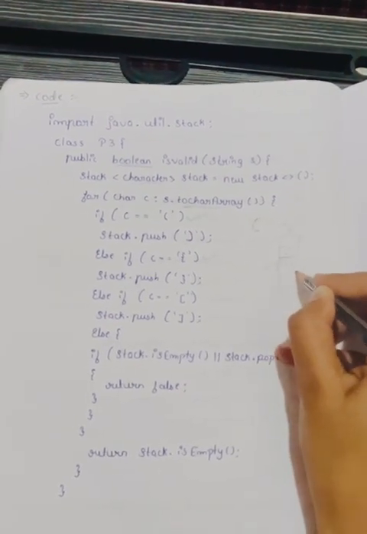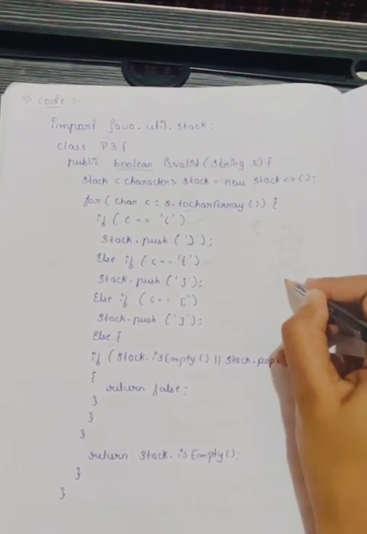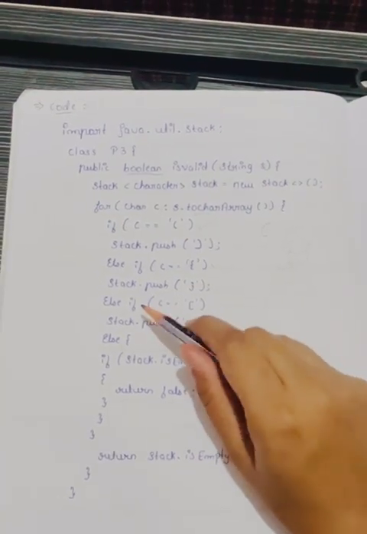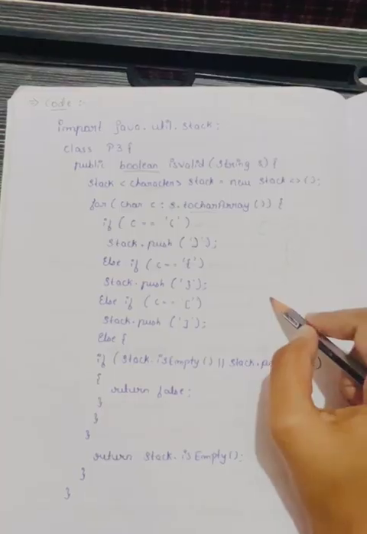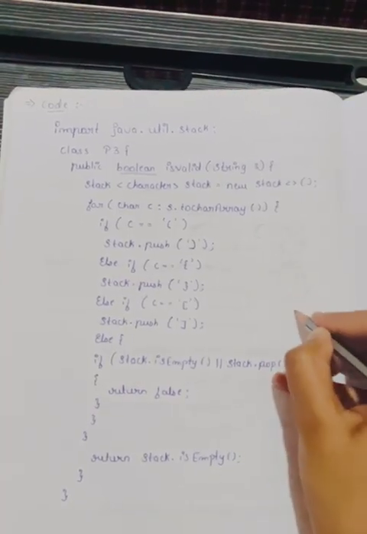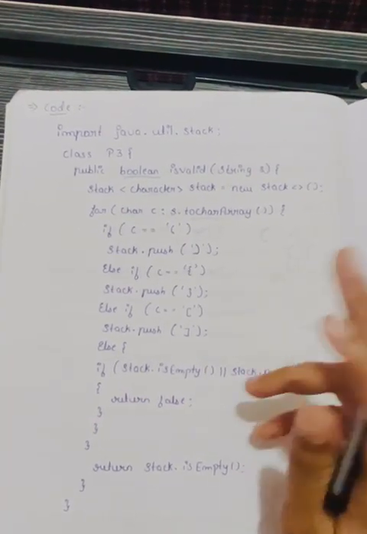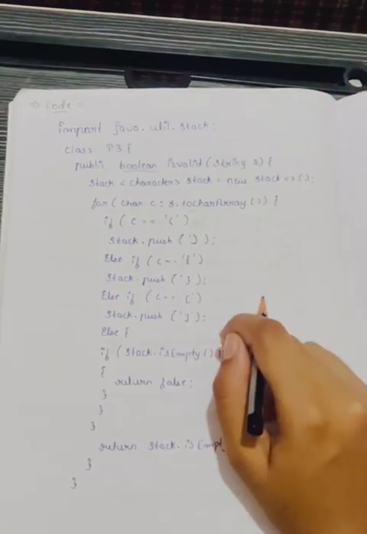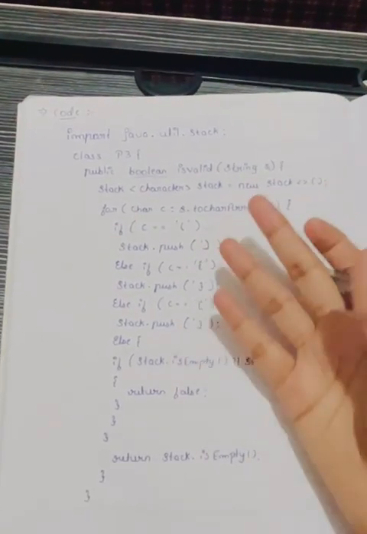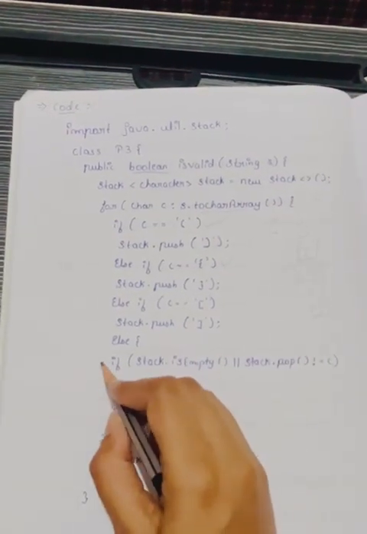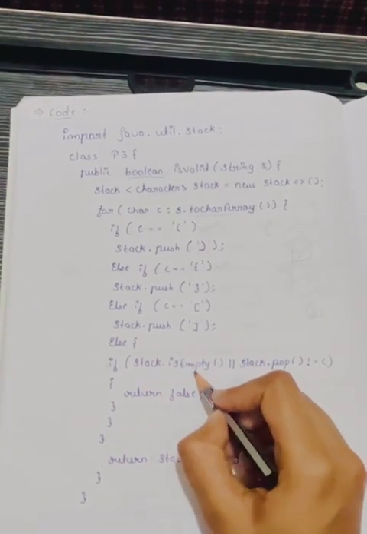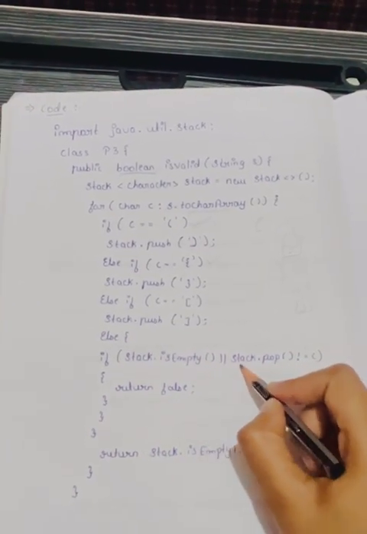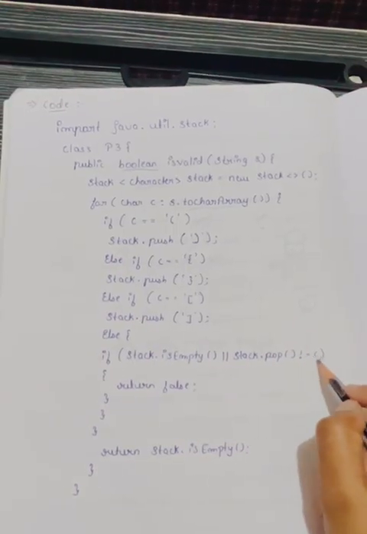Likewise, if c is equal to square bracket, then again I'll push the corresponding closing square bracket into the stack. Else, if these three do not match, then I'll check this condition: if stack.isEmpty() or stack.pop() != c.